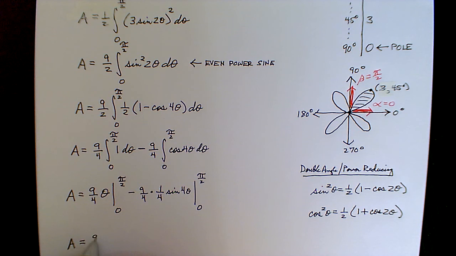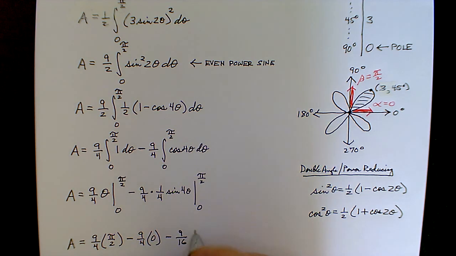Okay, so each one separately, 9/4 upper limit, pi over 2, minus lower limit, 9/4 times 0. And then let me do it this way. Let me say minus 9/16, and then I'm going to open up brackets and do sine of upper limit goes in. So sine 4 times pi over 2 would be 2 pi.